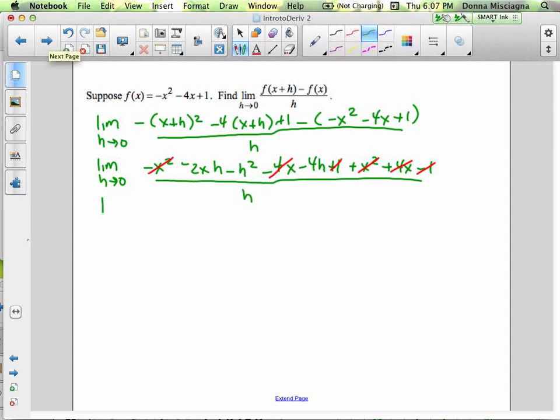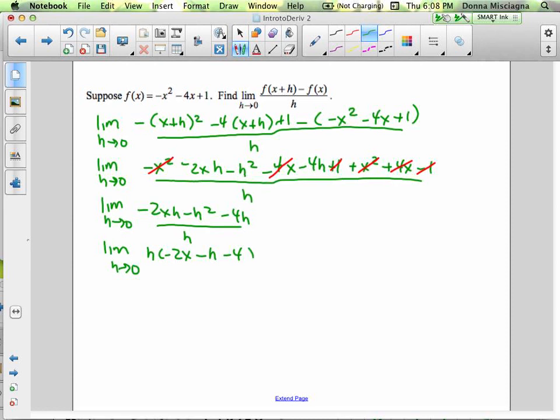So then we have the limit as h approaches 0 of negative 2xh minus h squared minus 4h, all divided by h. We can factor out the h, so that would be the limit as h approaches 0 of h times negative 2x minus h minus 4 divided by h. Right, so now we can cancel out the h. So we have the limit as h approaches 0, negative 2x minus h minus 4.